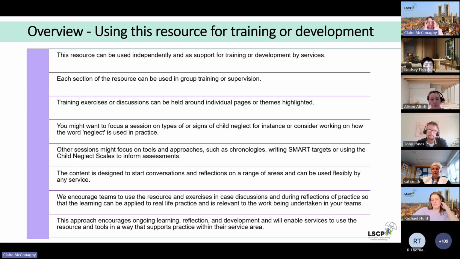So just to go over as well the child neglect resource as a training and development tool. It's different from anything that we've had. Usually it would be an area of practice, an e-learning, maybe an e-learning combination, face-to-face training.